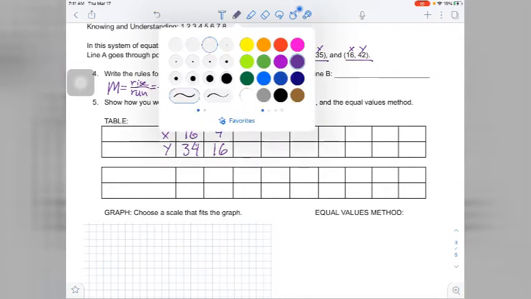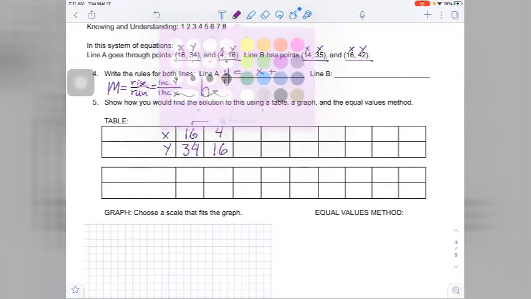When I look at this, I can see that when x goes from 16 to 4, it is decreasing by 12. And when y goes from 34 to 16, it is decreasing by 18. So that means my rise is negative 18, and my run will be negative 12.